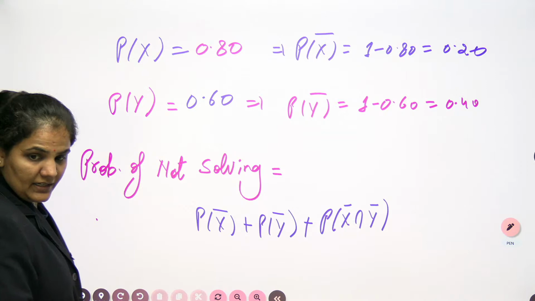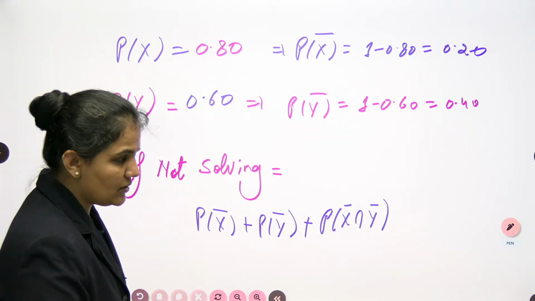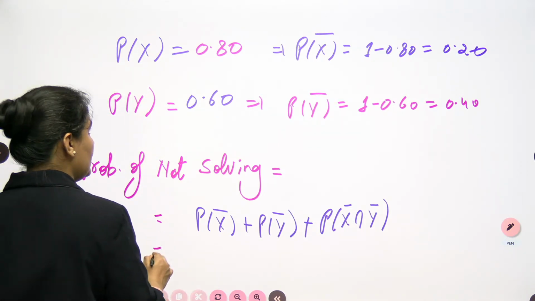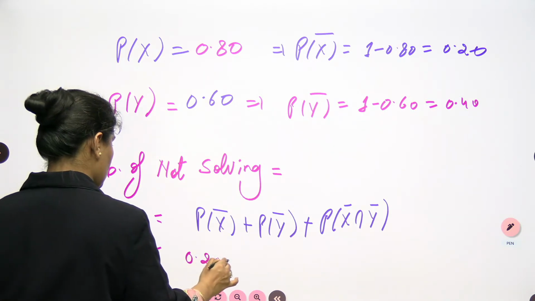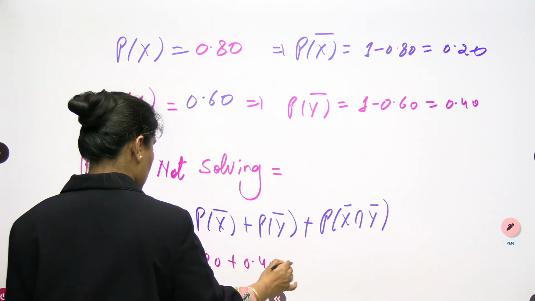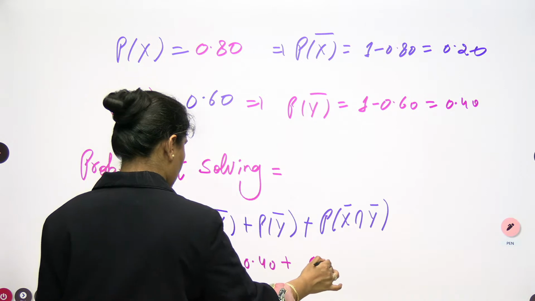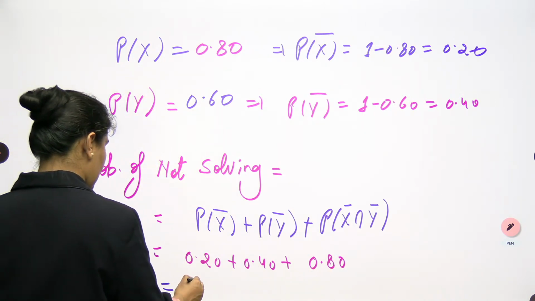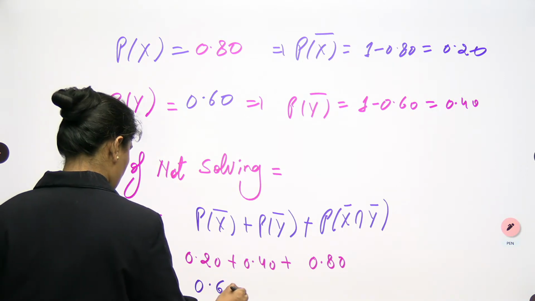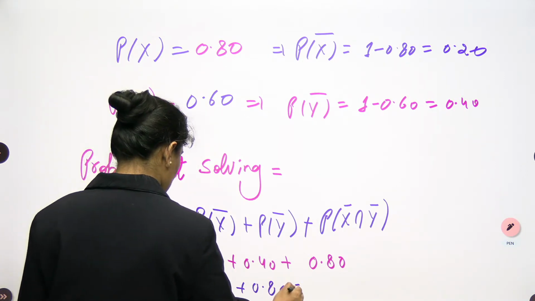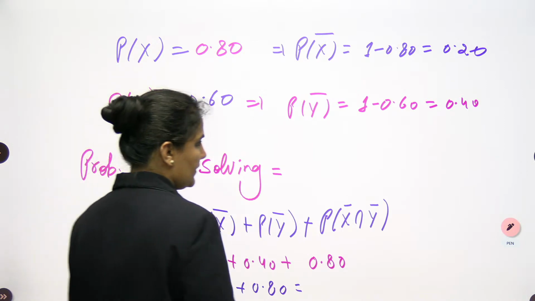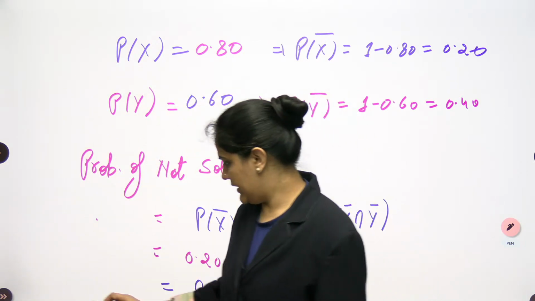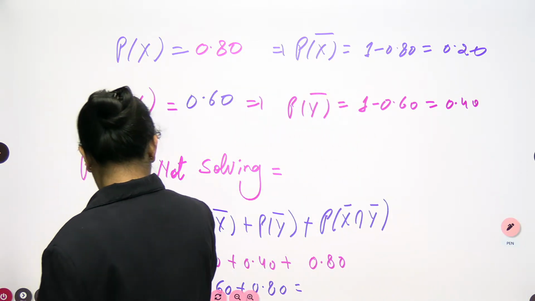So neither will it be solved by A nor by B. When I go with X bar, that is 0.20, this is 0.40, and with this one, this is 0.80. So we have from here 0.60 plus 0.80, which I can write on the next slide.